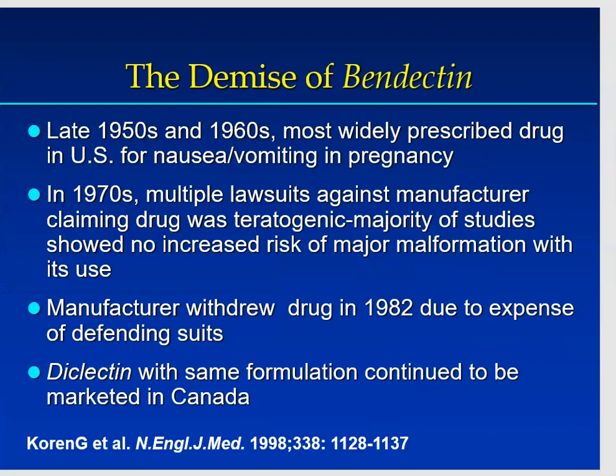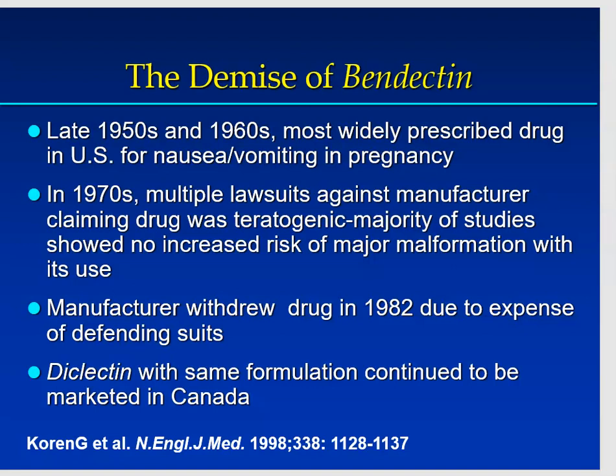The demise of Bendectin certainly is a sad story. In the late 1950s and 1960s, it was the most widely prescribed drug in the United States for nausea and vomiting in pregnancy. However, in the 1970s, multiple lawsuits against the manufacturer occurred, claiming that the drug was teratogenic.